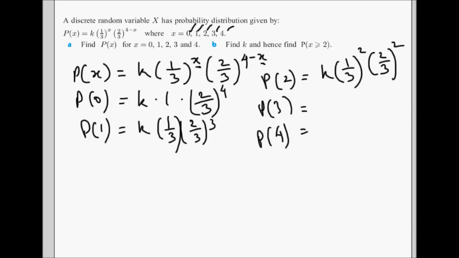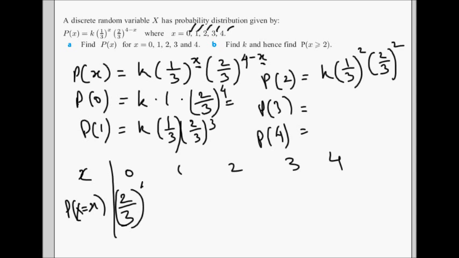Okay, and then when you are making the table of values, you make x equal to 0, 1, 2, 3, 4, and then P(x) would be your probability column. P(0), whatever answer you are getting, would be in terms of k, so maybe you can write it as 2^4 over 3^4 times k, right?